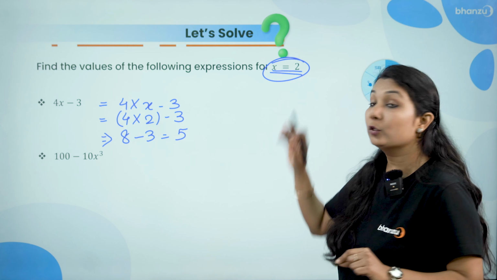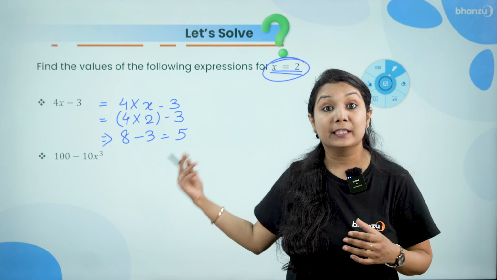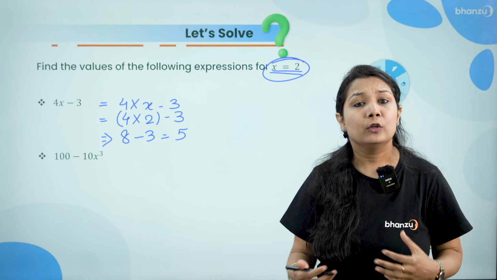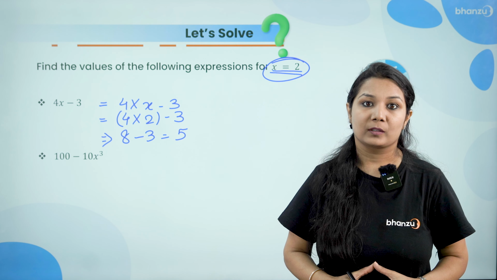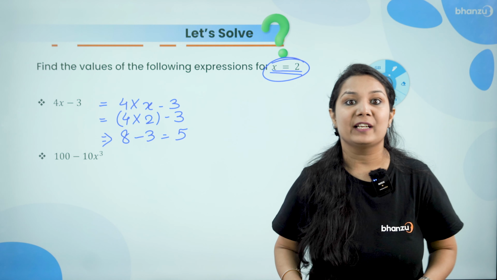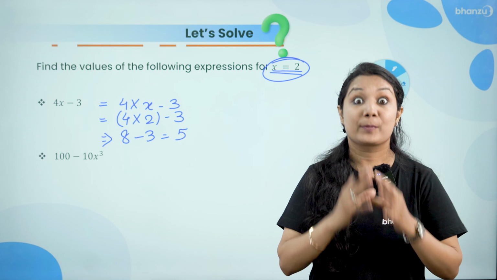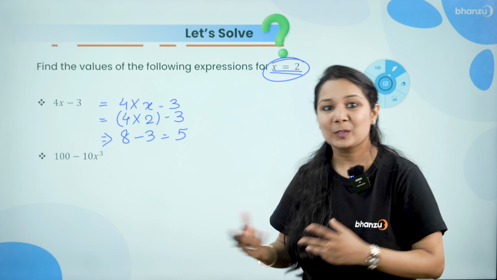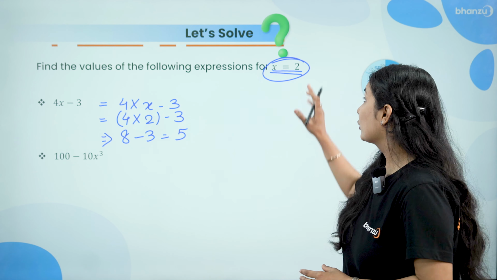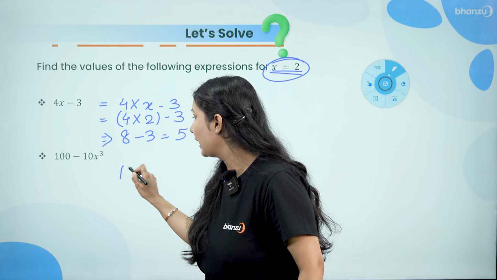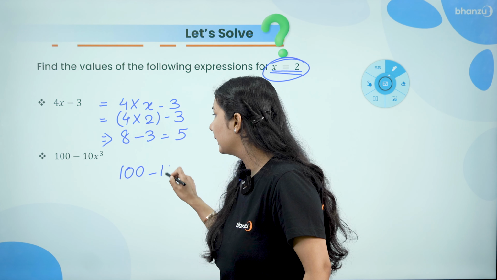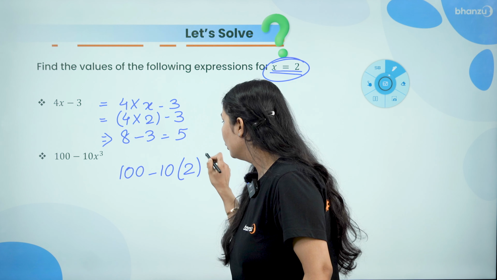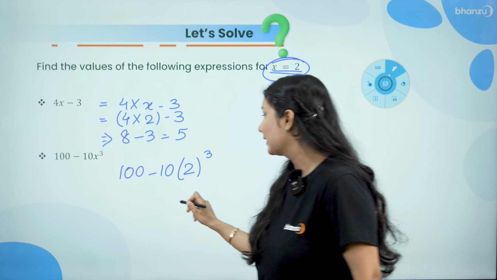Similarly, if you substitute the value of x as 2 in the next one, you would get the value of that expression. Finding the value of an expression is nothing but substituting the value of the variable given in that expression. So x is equal to 2. Here we have 100 minus 10 x cube, which is 2 cube, and 2 cube is 8.